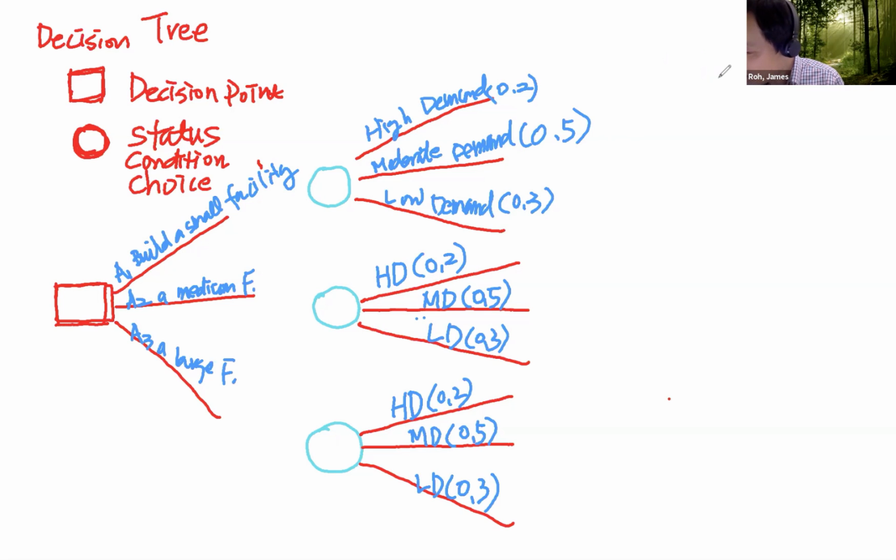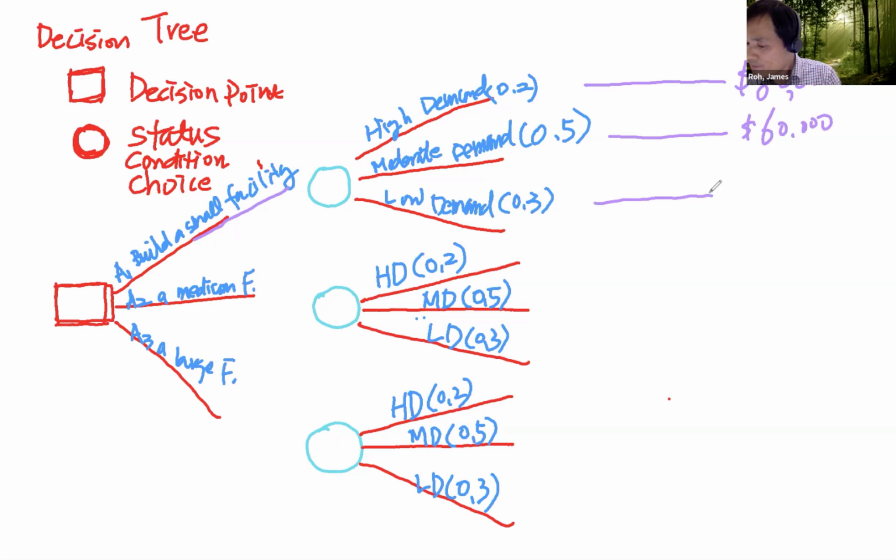So let's do this. Remember that this is a small facility, right? So small facility, then high demand. Oh, this was right. $80,000. And if it is moderate demand and small facility, then it's $60,000.